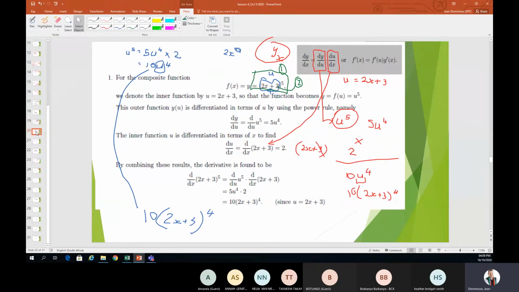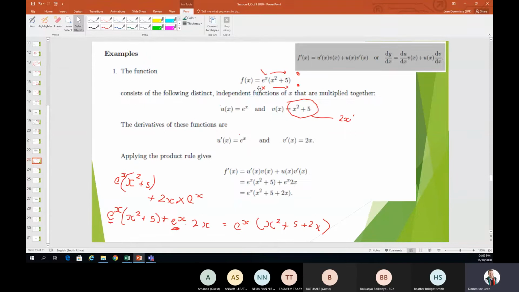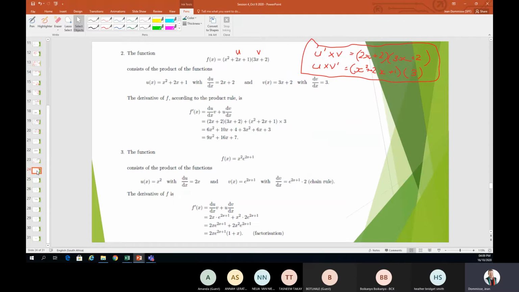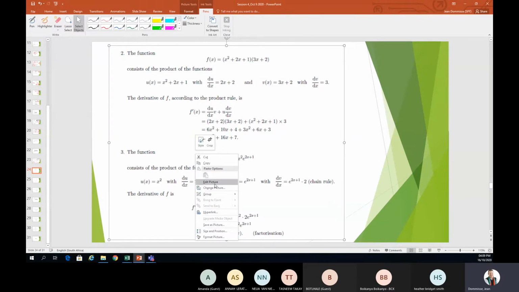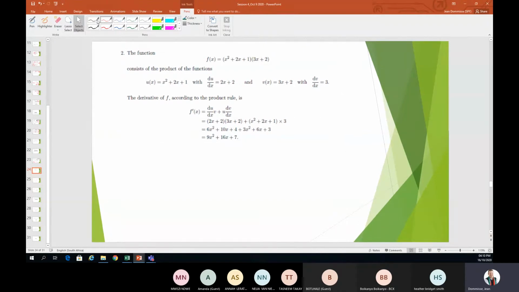Then our other rule that was a bit more difficult was the product rule. What the product rule says, and again, it doesn't matter which way you do it, so let's look at this one again. I'm going to take that out to have a bit more space to work with.